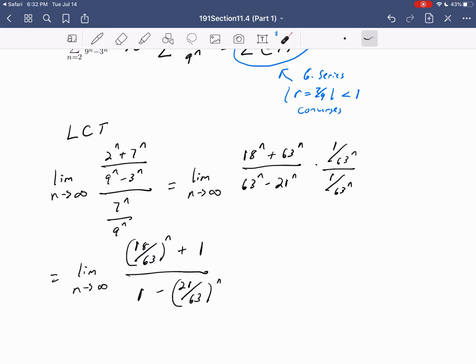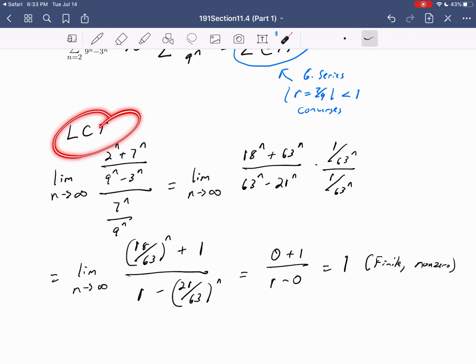The reason we did that is so that these here would have bases that are less than 1. When you have numbers less than 1 and you raise them to higher and higher exponents, they tend to 0. So this is going to be (0 + 1) over (1 - 0), which is 1.